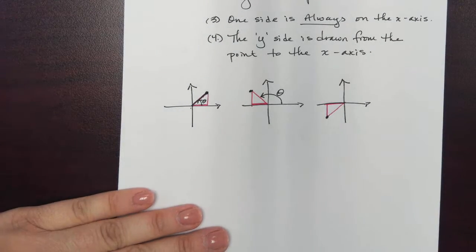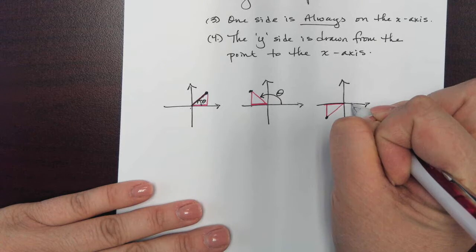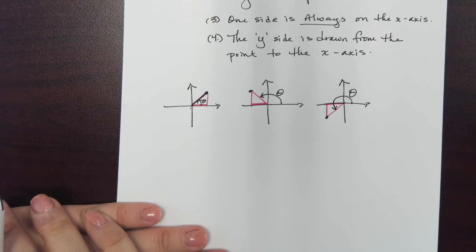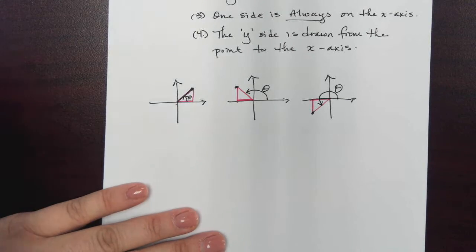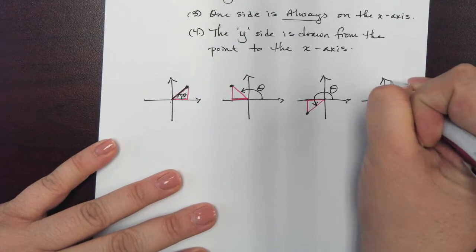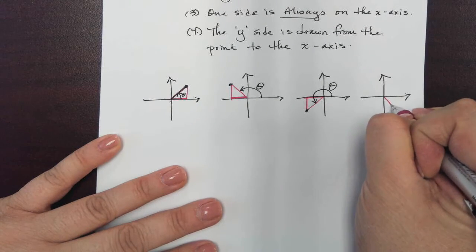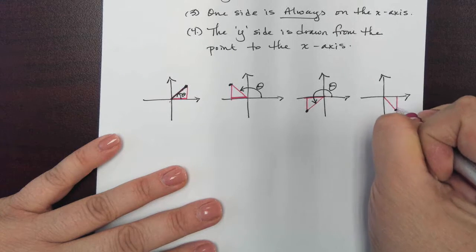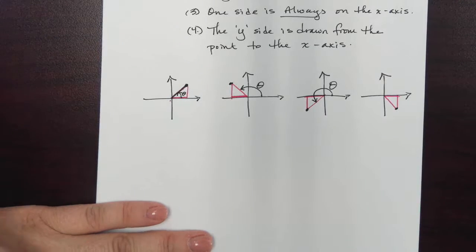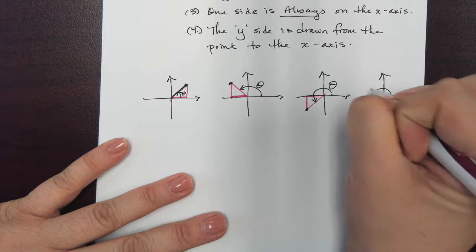Theta always starts at the positive x-axis and comes around like this. If I am in the fourth quadrant, again, I draw up to the x-axis, and I draw my triangle. My theta is this.